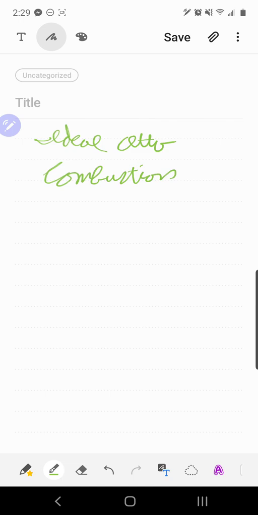This is one of those problems where you may find benefit in drawing out the cycle itself with the PV or the TS diagram. It will be helpful to draw out the PV and or TS, depending on which one you like. You can use both, but I'm going to draw the TS, because that one will be useful in determining how this cycle will work. Allow me if I could just draw straight.